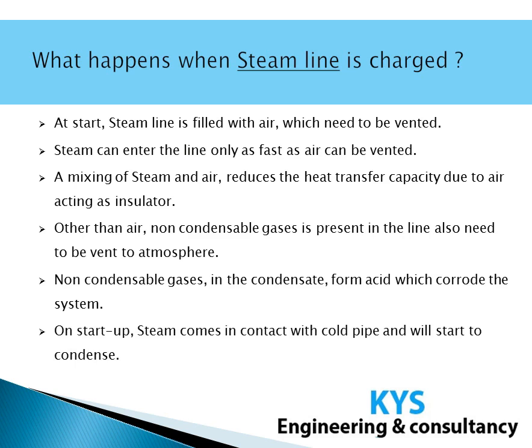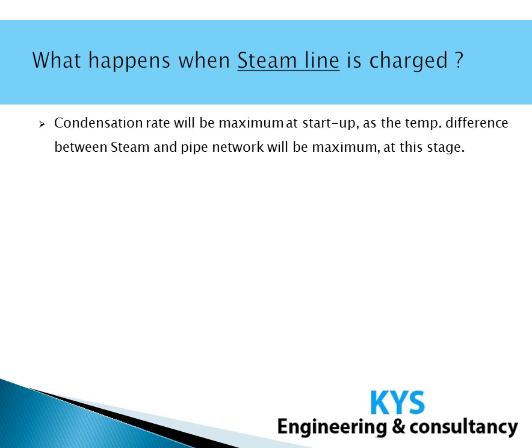On a startup, steam comes in contact with the cold pipe and it will start to condense. The condensation rate will be maximum at this stage because the temperature difference between pipe and steam is maximum. The condensation rate at this stage is called startup load.